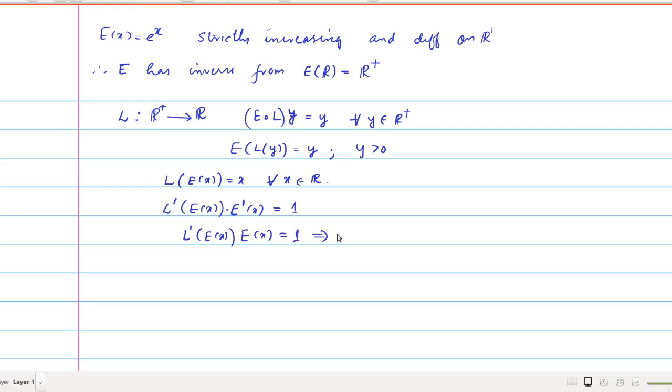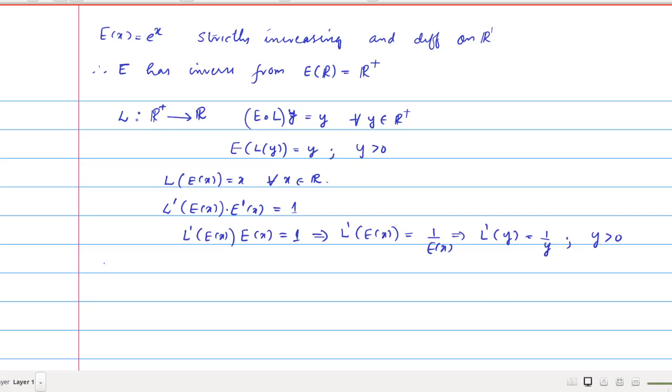So what is the consequence? L dash of E of x will be 1 by E of x. If you replace E of x by y, we can write L dash of y equal to 1 by y for all y greater than 0. So the derivative of this L is 1 by y.